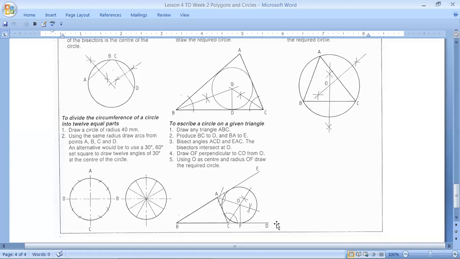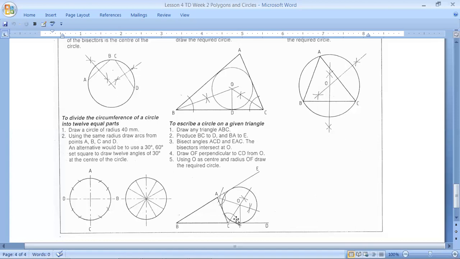The last one, to describe a circle on a given triangle, you need to extend the lines of the triangle like this from C to D. Extend this line, construction line, and extend this line, construction line. When you extend it, you're going to form an angle here. No matter what angle it is, just bisect this angle to get this bisector line.